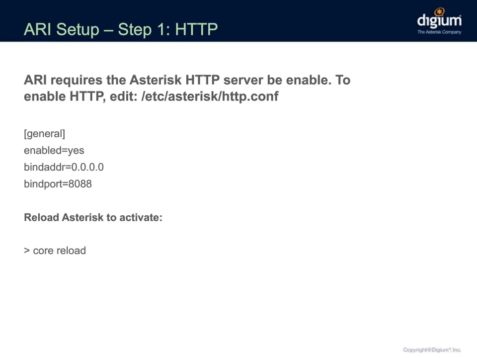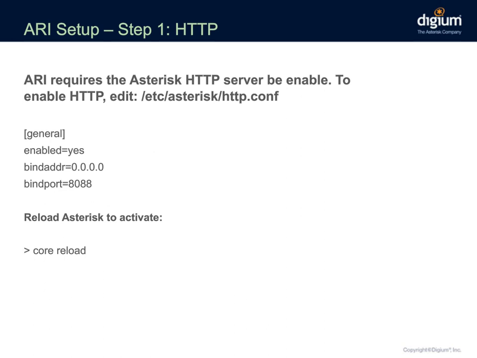So in order to get ARI running in your system, there are a couple of things you need to do first. Because ARI makes use of HTTP, you'll need to go in and enable the HTTP server, which is part of Asterisk. It's the same server which is used for a lot of the internal manager functions. It's used for SIP over WebSockets, for WebRTC.